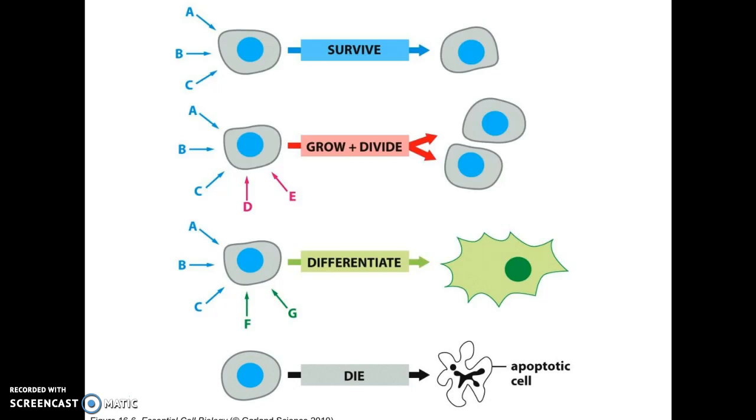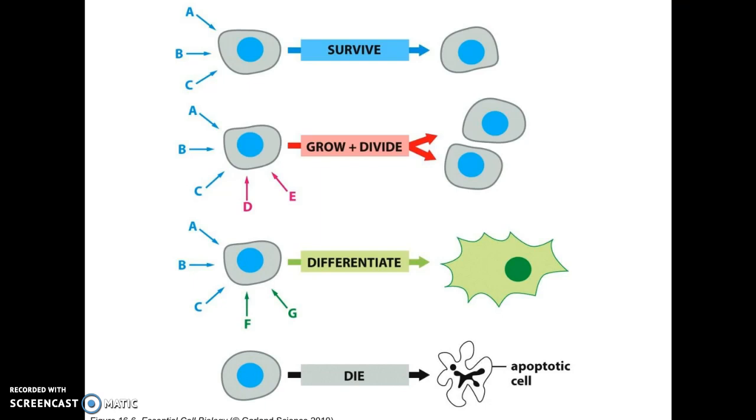So, for instance, you could have several signals working together to tell the cell, just do your job, but those same signals and a couple more might tell the cell to divide, and then some different signals in addition might tell the cell to differentiate, and then the lack of all of these signals might tell the cell to go into apoptosis. So integration of multiple signaling pathways is another way we can get diversity of action.